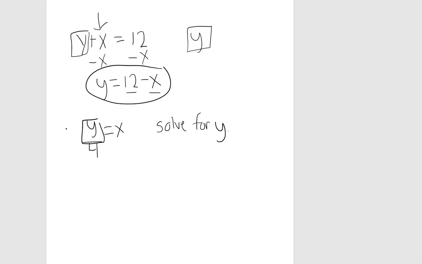The way that you cancel out a division is by using multiplication. So if we multiply the left side by 4, that's going to cancel out our divided by 4. And then we're also going to need to multiply the right side by 4. So y equals 4 times x. That is our solution. Let's look at another one.